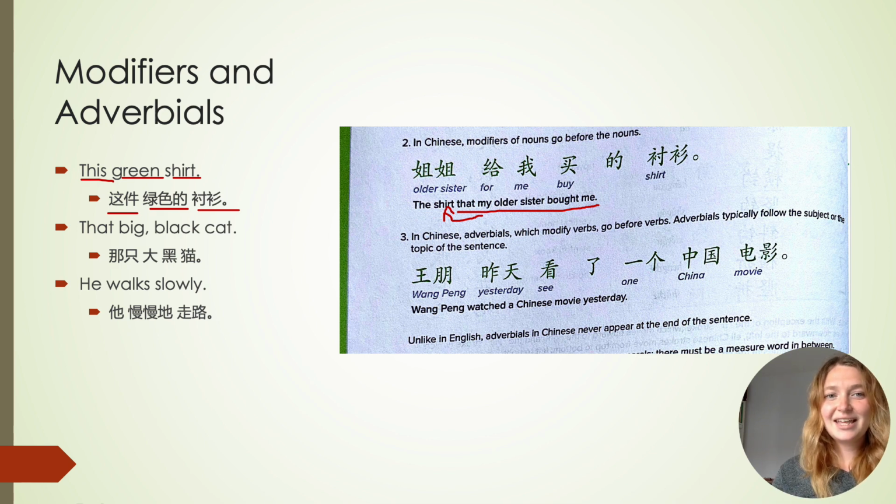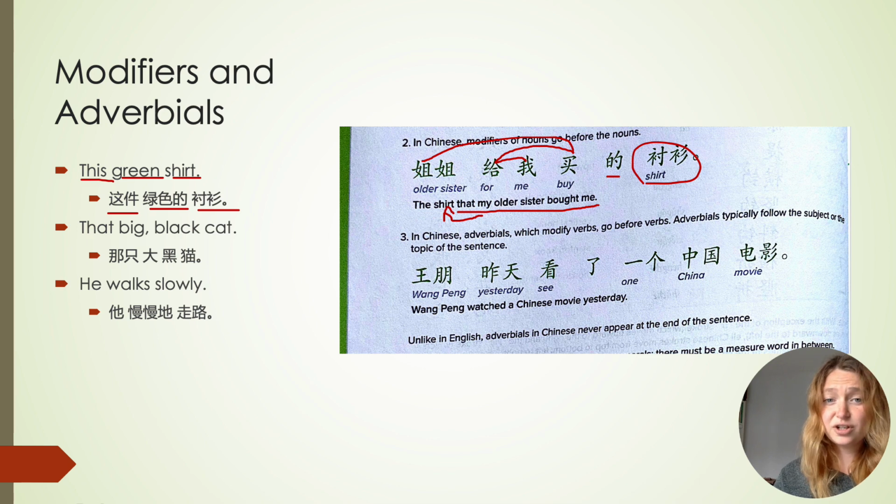So 姐姐给我买的衬衫 is the shirt that my older sister bought for me, is kind of how we would say that in English. But in Chinese, we just put, my sister for me buy shirt. And this 的 is what we call a particle word, and we will get to that much later. So, 姐姐给我买的衬衫.